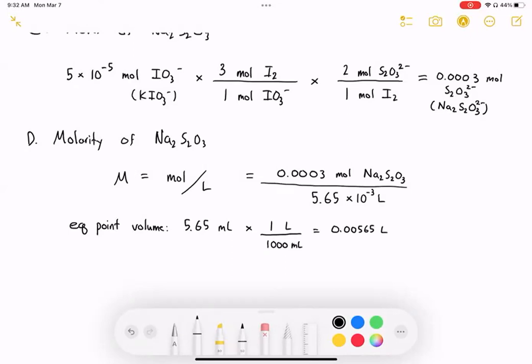So we would get a value divided by 0.00565. And that's a molarity that's slightly above 0.05 molar.